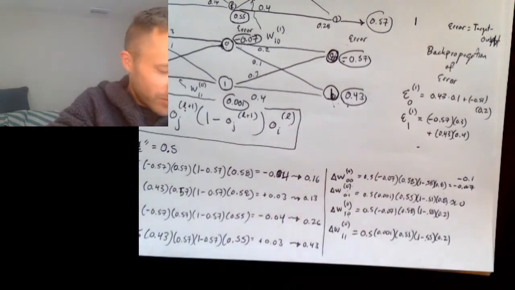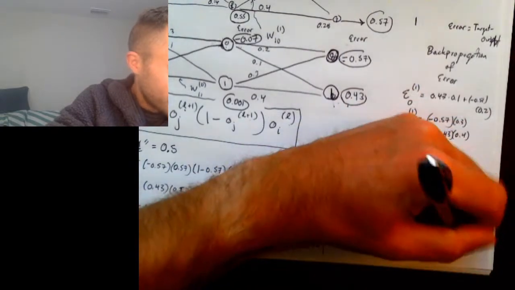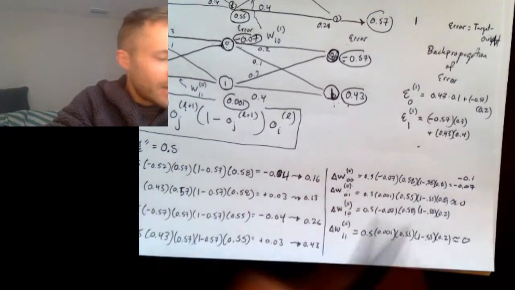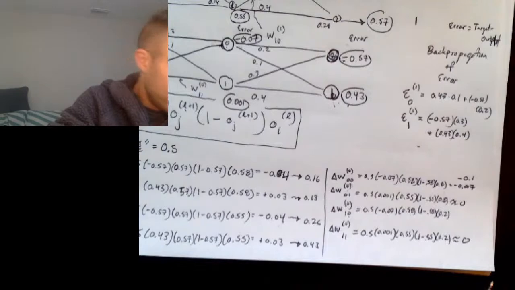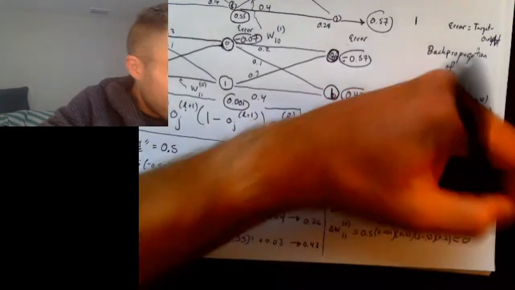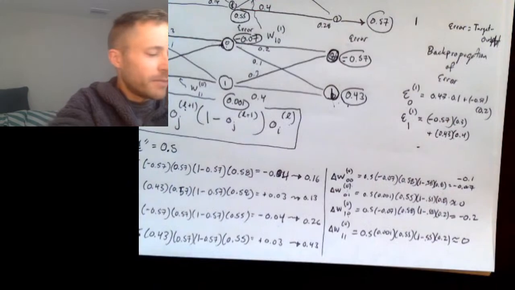This one also is probably going to have a delta of approximately 0. Yeah, so this one also has a delta of 0. And then this one has 0.5, 0.7, a delta of negative 0.2.